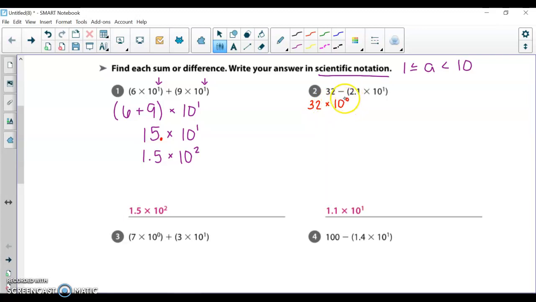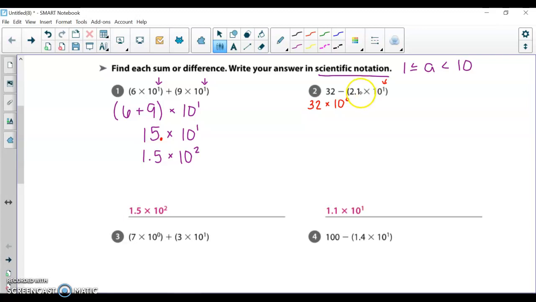Because remember, like we talked about with our exponent rules, anything to the power of 0 is the same as 1, or 32 times 1, which would give us the number back. So what we can do first is, if we were to write it as 32 times 10 to the power of 0, we could change our exponent in our second one here to match. That way we're able to subtract them.